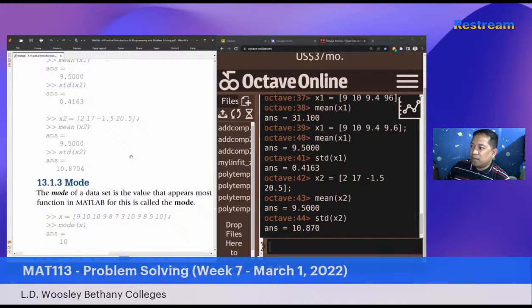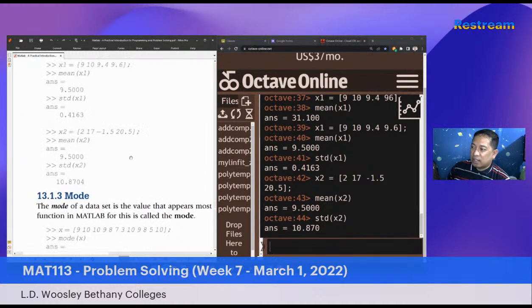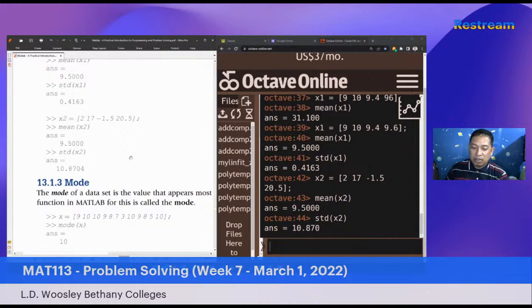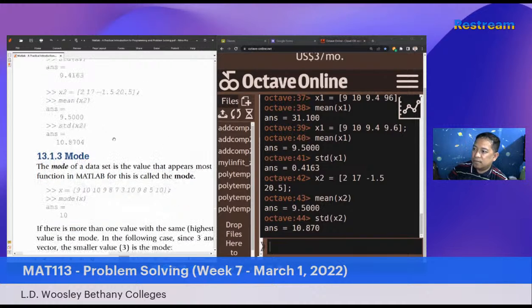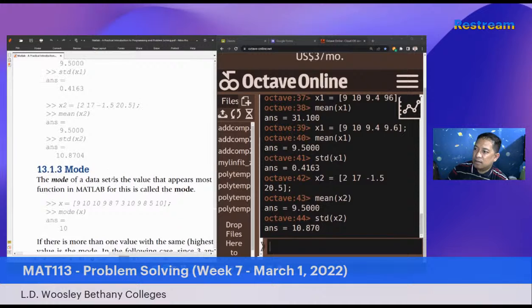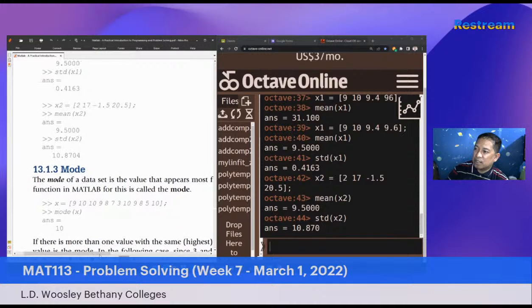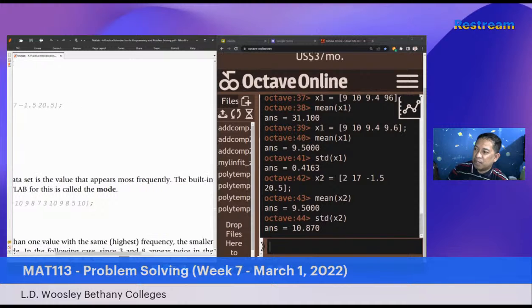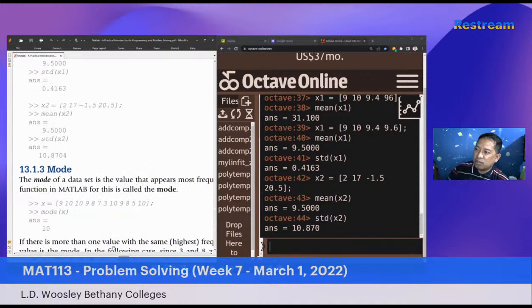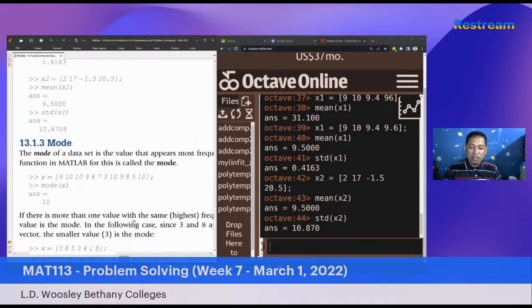Okay, we have here mode as another central tendency. So for mode, we define it as the value that appears most frequently. Built-in is the function called mode, M-O-D-E.